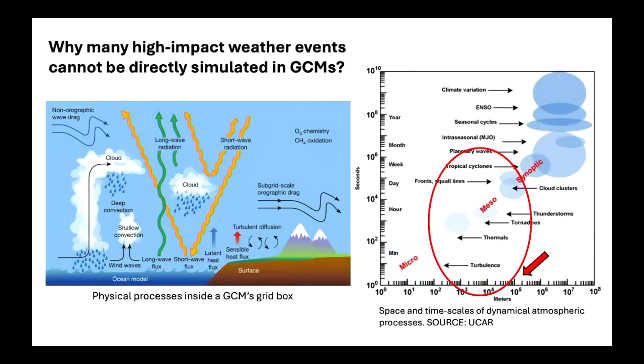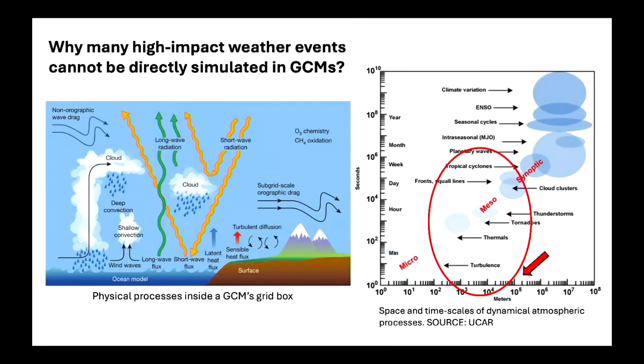But even with this increased resolution in the latest generation of widely used climate models, they still can't resolve many of the processes underpinning our high impact weather development. Here I'm showing a diagram on the right with the space and time scales of a wide range of dynamical processes in the atmosphere, ranging from microscale to mesoscale to synoptic scale to global scale, and spanning from minutes to hours to days, months and years.